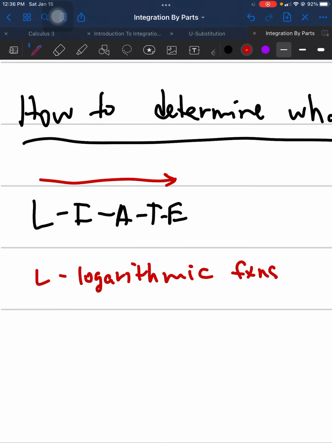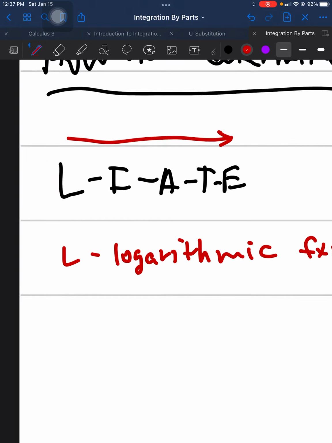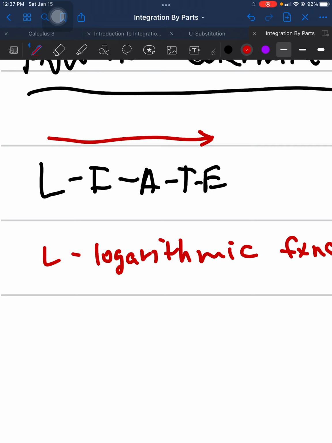If you see a log function like ln x or any kind of log function, we're going to give that priority and substitute that for u. Or if you don't have a logarithmic function, we have the next one, inverse functions.